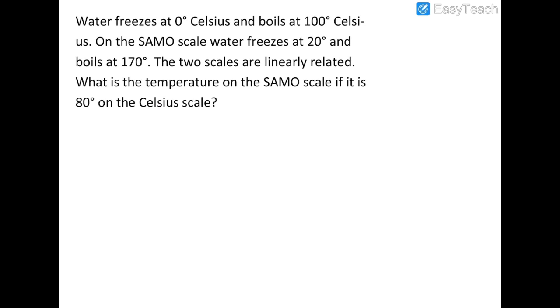Okay, so we will start by having two axes, the y and the x. If we call the y-axis the SAMO and the x-axis the Celsius, we know that we have a point somewhere here that on the Celsius scale will be 0, but on the SAMO scale is 20, right?